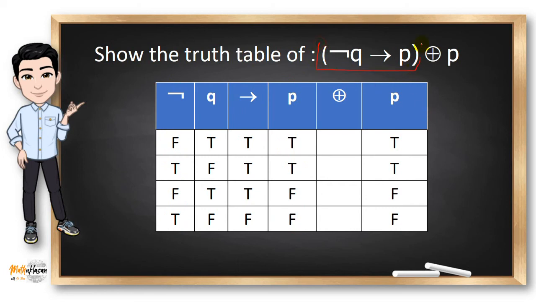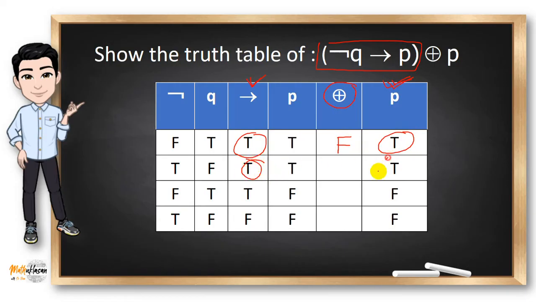Since we're done with this part, which is this column, we're going to pair it up with this column, P. Okay, and this time we need to use the exclusive or, XOR. Now remember that in exclusive OR, when the two propositions have the same values, it's always false. So true XOR true is false.